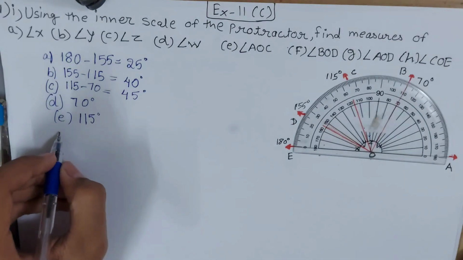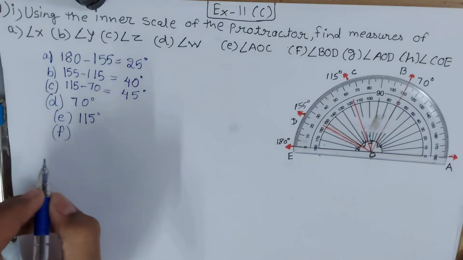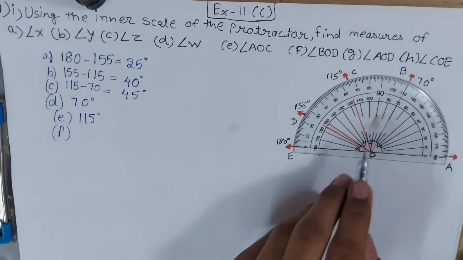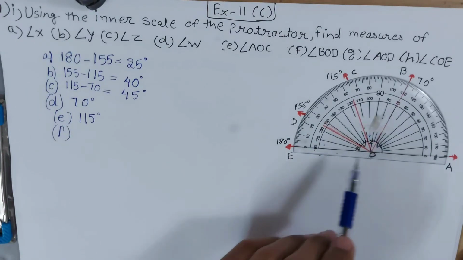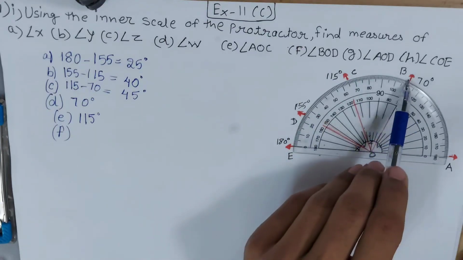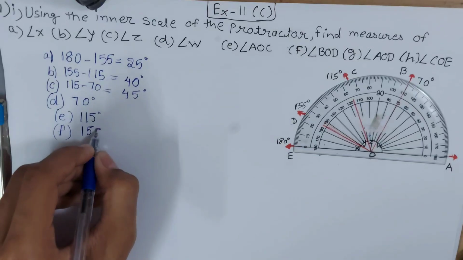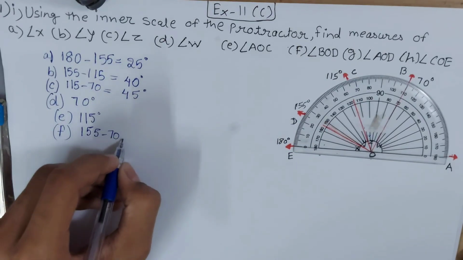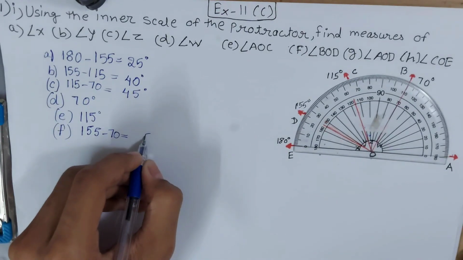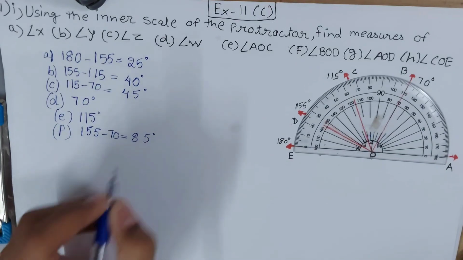Then you have part F, that is angle BOD. B is right here, O is right here, D is right here. D is 155 and B is 70 degrees. You subtract that: 155 minus 70, and here you have 85 degrees.